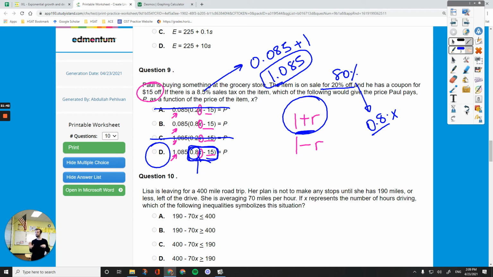If we just multiplied it by 0.085 instead of 1.085, that would give us the amount he paid for the tax only. We don't want the tax-only amount, we want the total amount he paid, which is why we are doing 1 plus that decimal. And then that will give us the answer, which is going to be D for number 9.